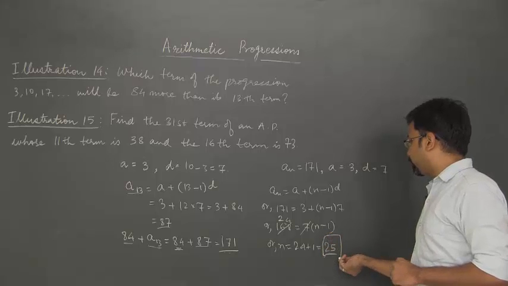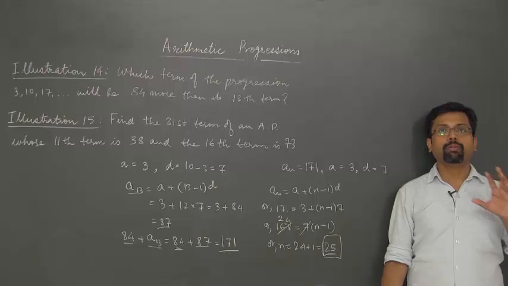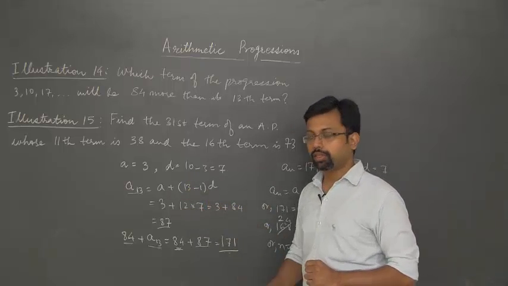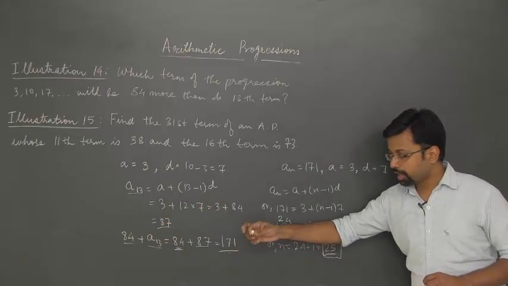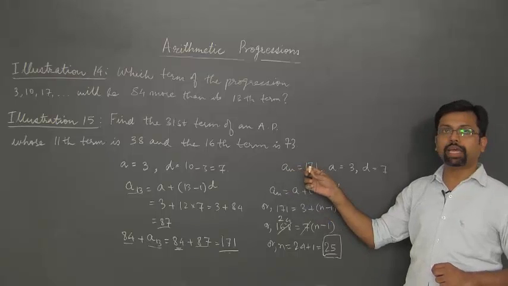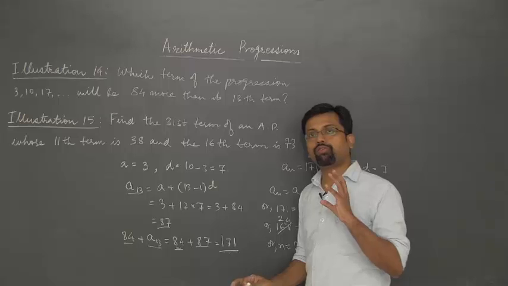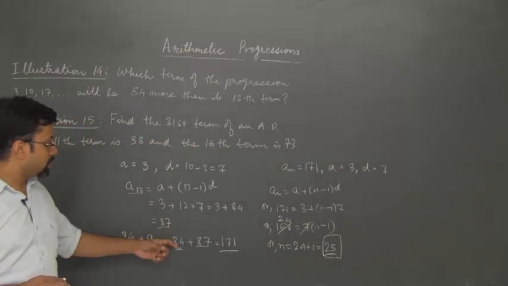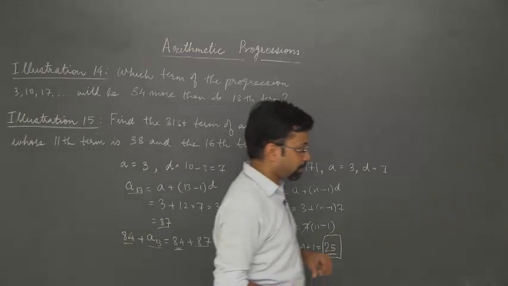So the 25th term of the given progression is 84 more than the 13th term. The 13th term was 87. 84 more than the 13th term would be 171, and using 171 as AN, we have been able to find the value of N. So N is the term which is 84 more than the 13th term. This is how we solve this question.